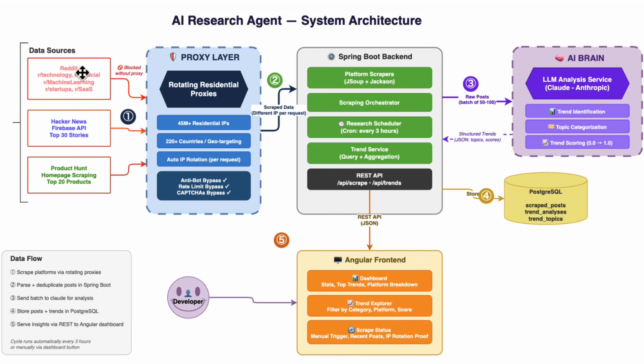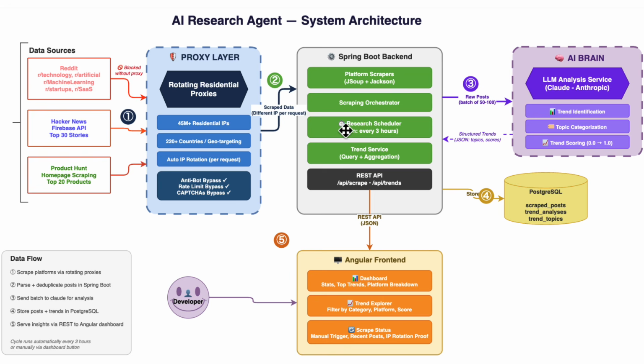For example, if you want to scrape the top 20 or the top 30 or the top 100 posts from Reddit, each request will be executed with a different IP address. In this way, Reddit will never find out that there is a bot or an agent behind trying to scrape data. Otherwise, it will be blocked. So that's why we need the proxy right here.